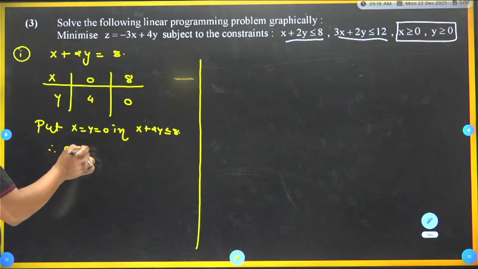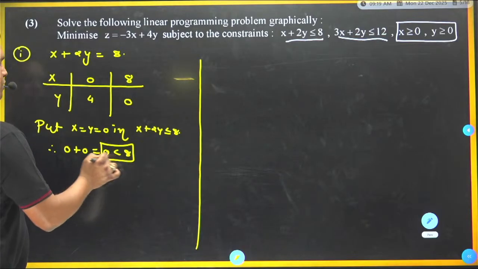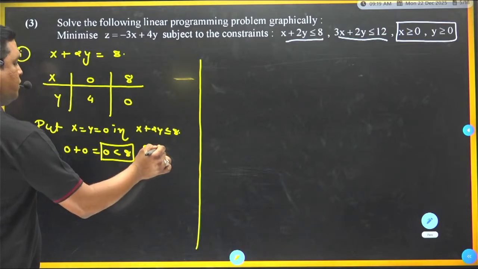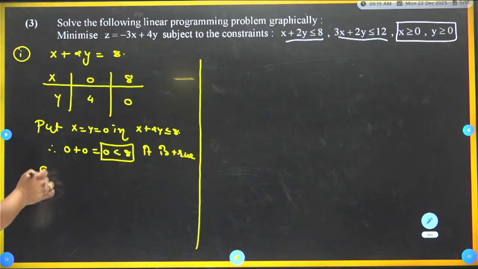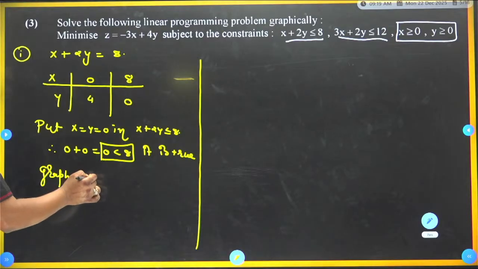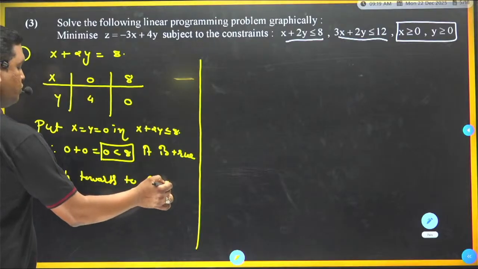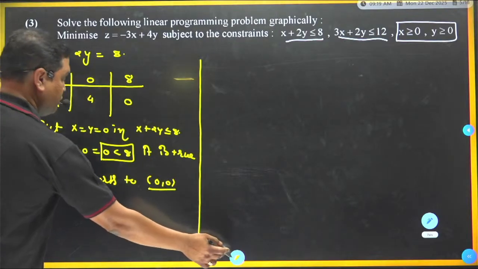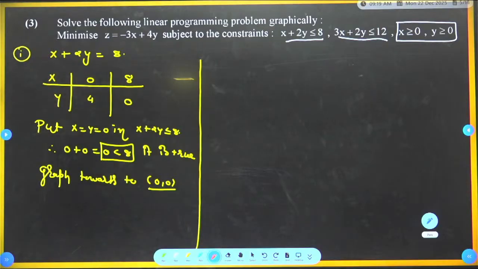So 0 plus 0, 0 less than 8. It is true. Graph towards the origin.